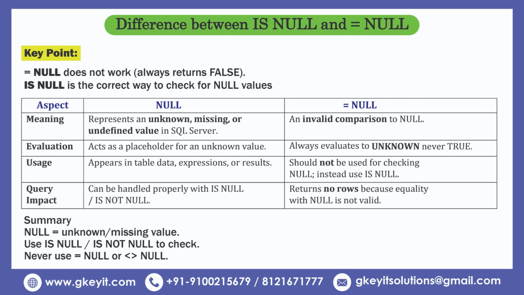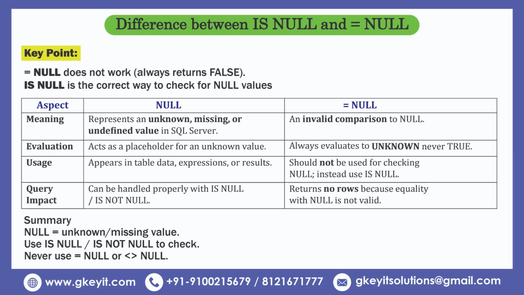And coming to the third point, usage. Null appears in tables, data, expressions or results. Equal to null should not be used for checking null. Instead use is null that we have discussed in the previous slide. Finally, coming to the fourth point, query impact.